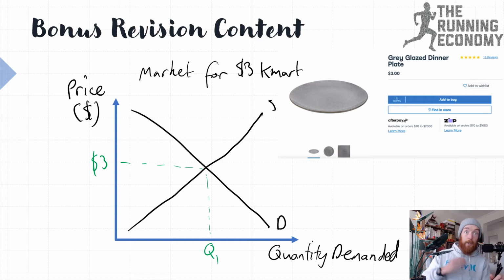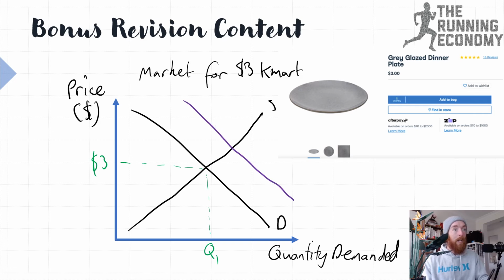But what has happened? Since this video came out and people have identified this plate as a $3 Kmart plate, demand has surged to the point where we have created a whole new demand line. It has essentially worked like favorable advertising, where we are now at D1, where the price of this plate has not changed, but the quantity demanded is quite a lot higher.